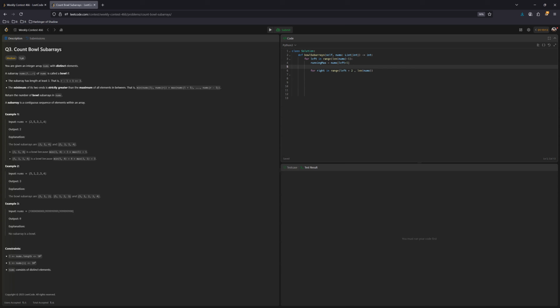And it has to be strictly greater. So if running max is greater than or equal to nums, let's do this. LE equals nums left is greater than or equal to LE, then continue. Right? There's just nothing that we can do. Okay.